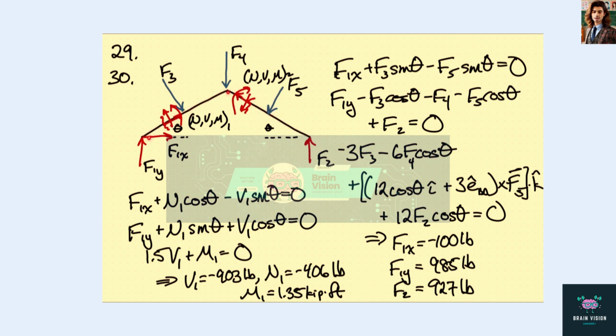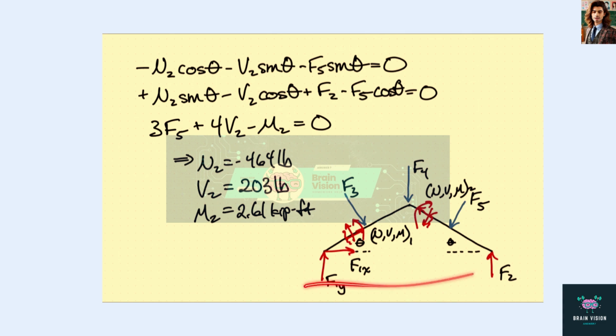If we want to deform this, these things are going to get shorter. So it's not surprising that this is in compression, and we'd also expect this one to be in compression too.